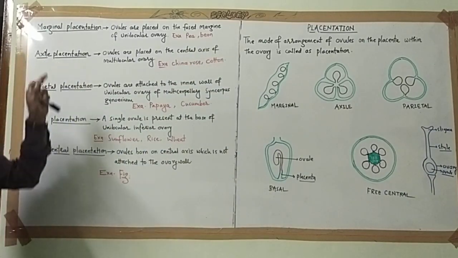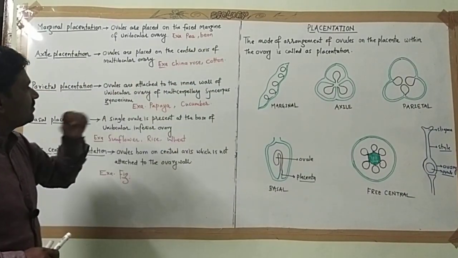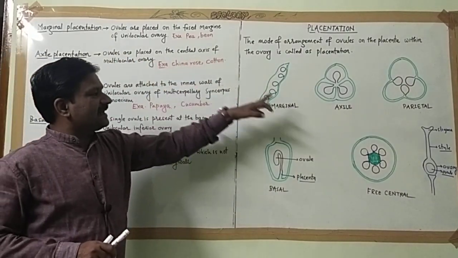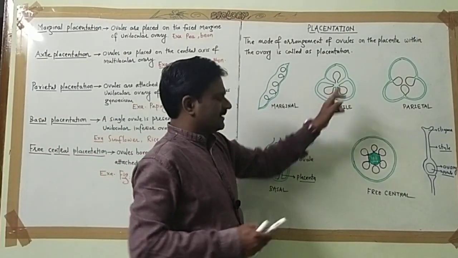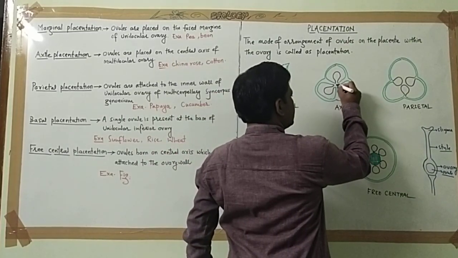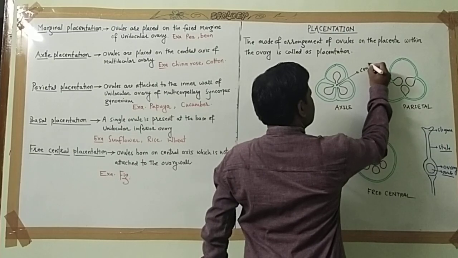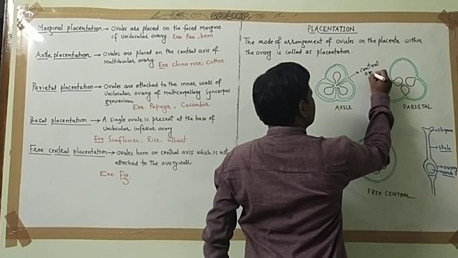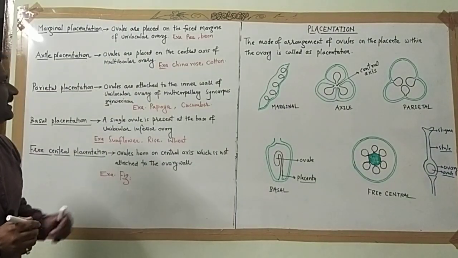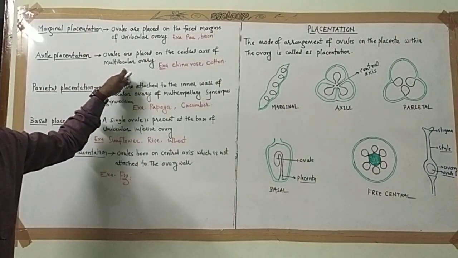Second, that is the axial placentation. In axial placentation, ovules are placed on the central axis. This is the central axis. All the ovules are placed on the central axis of a multilocular ovary.